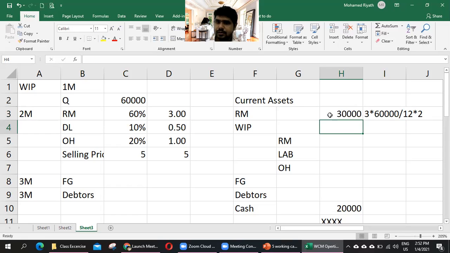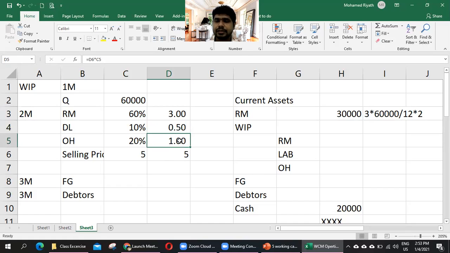And finished goods. What cost elements do finished goods include? Raw material cost, 3 rupees. Direct labor cost, 50 cents. Overhead cost, 1 rupee.